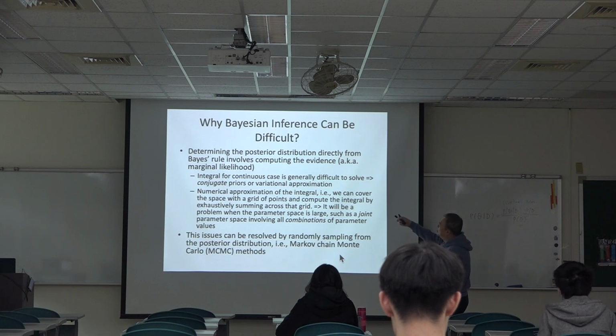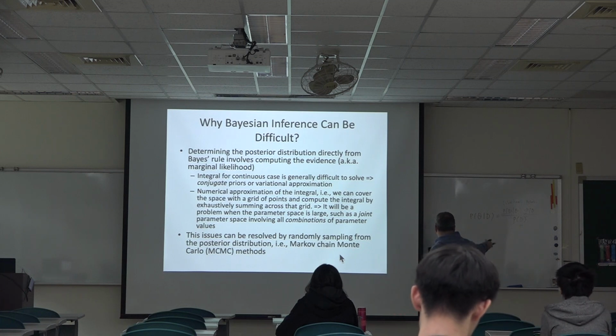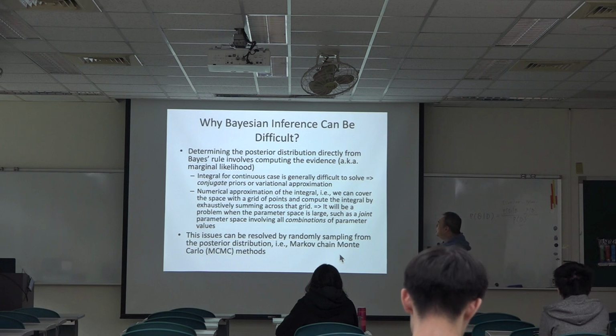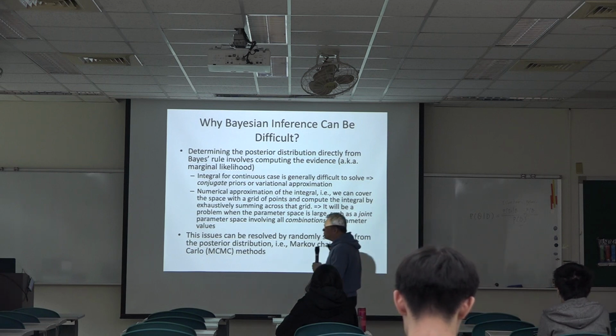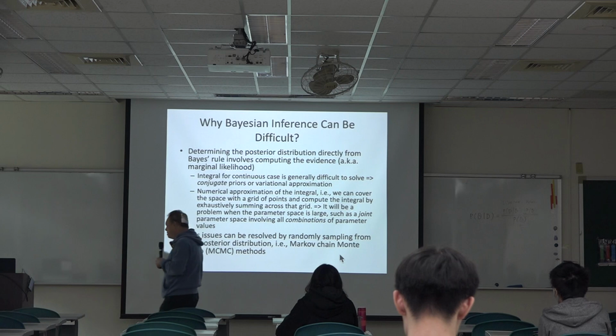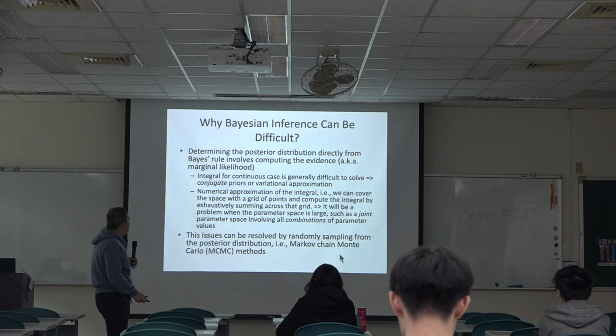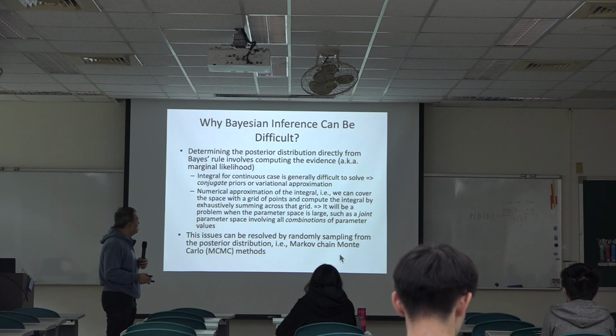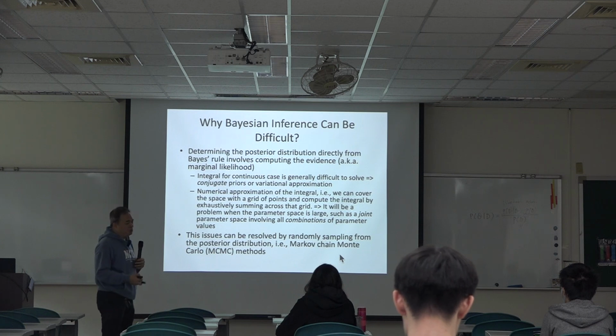The Bayes rule involves computing the evidence, which is the denominator part, or the marginal likelihood. So the integral for the continuous case is generally difficult, unless you are using a special prior, like a conjugate prior.